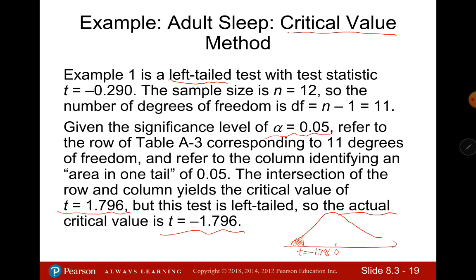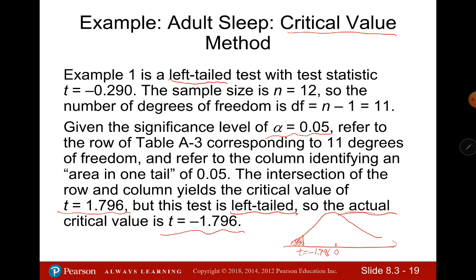1.796, but actually the table only provides the positive value, and we are doing the left-tailed test. If you check this curve, you will realize the rejection region for a left-tailed test is on the left, so the critical value is also on the left. Actually, the critical value here is negative 1.796.